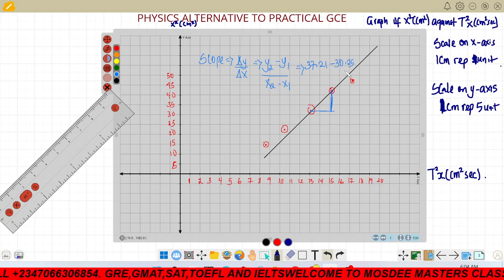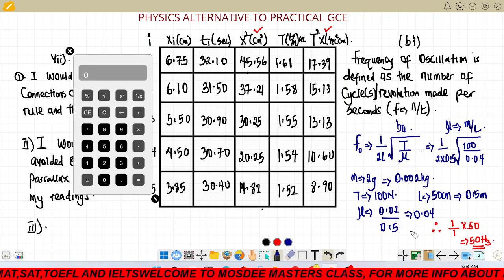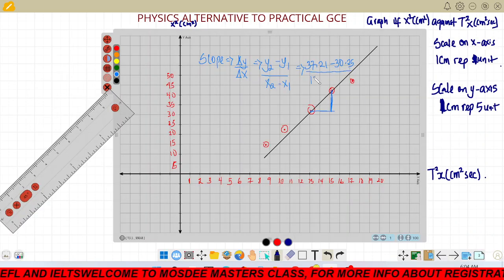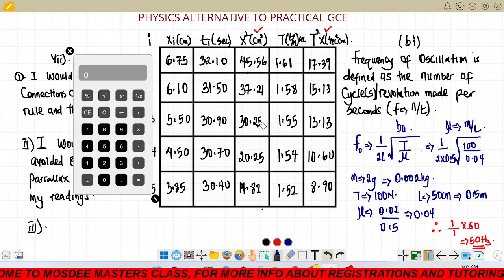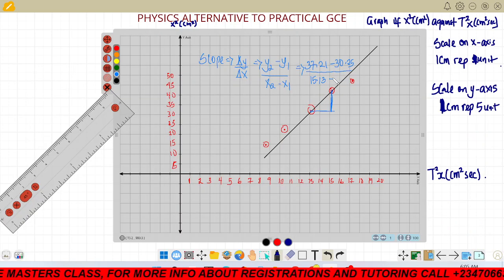I know the x value for 37.21: for 37.21, I have 15.13, minus the lower value of the third one, which I know too, 13.13. So you can say 13.13.